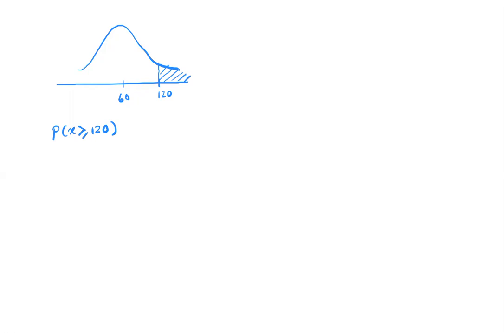Now this is something you already have seen. We have to convert it into the standard normal distribution, which has a mean of 0 and a standard deviation of 1. So this 120 is going to map to something here, a z value, right? We are looking for this z, and z is equal to x minus mu over sigma.